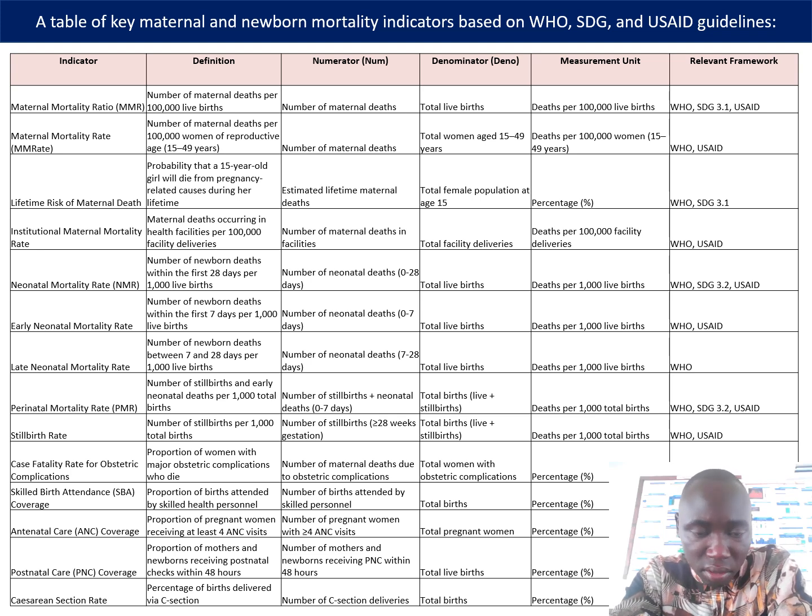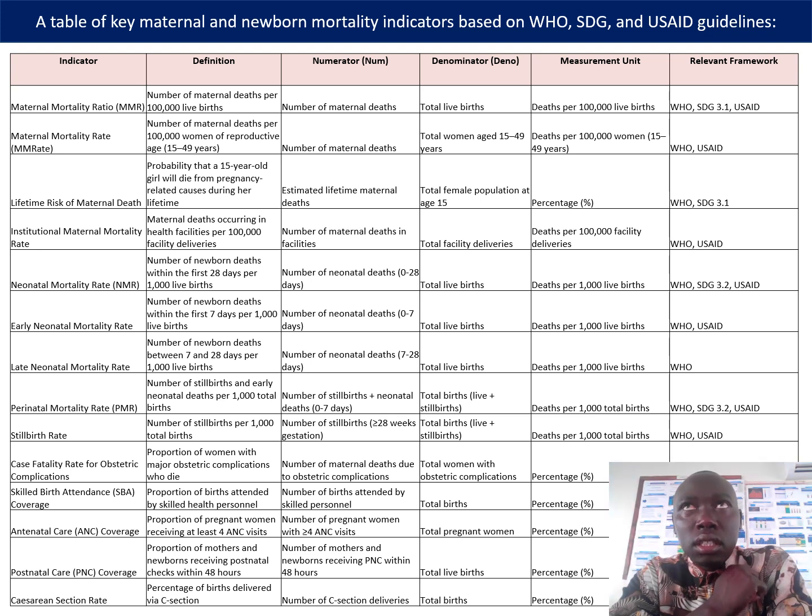Now, perinatal death. Perinatal death is where we look at the combination of the three. It excludes late neonatal death. Hope I'm not confusing anyone. When we look at perinatal death, we look at fresh stillbirth, macerated stillbirth, and the early neonatal death 0 to 7 days.